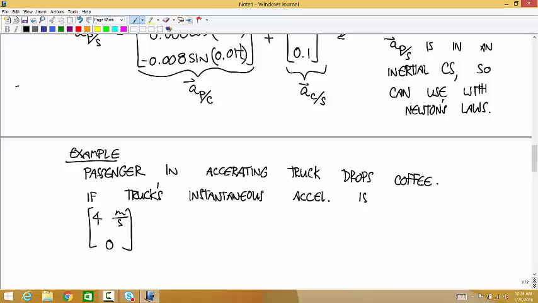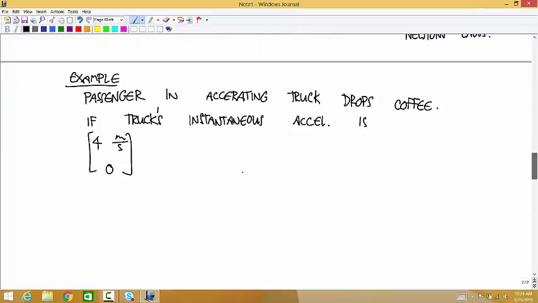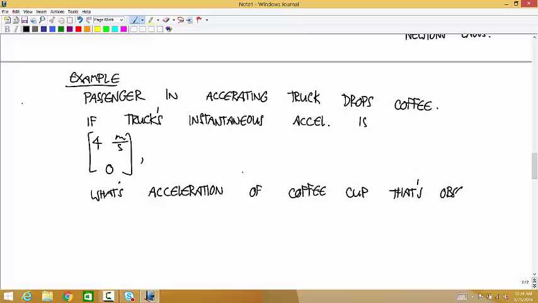It's a pretty good acceleration. What's the acceleration of the coffee cup that's observed by passengers in the truck?